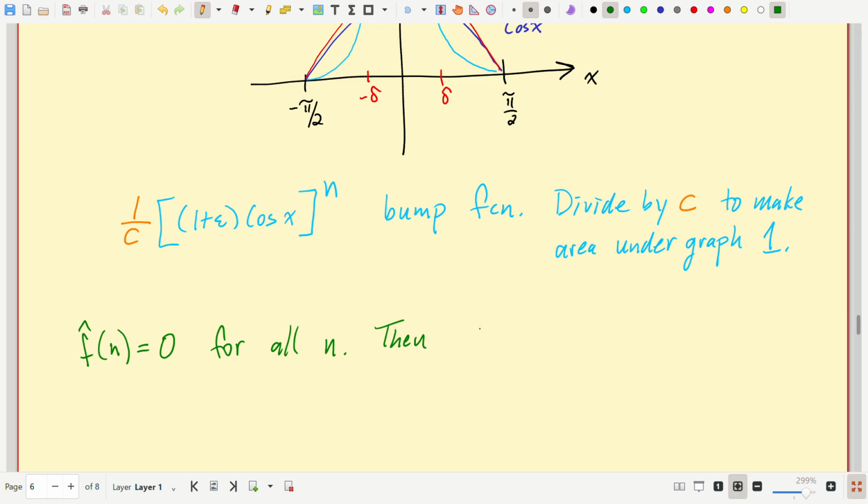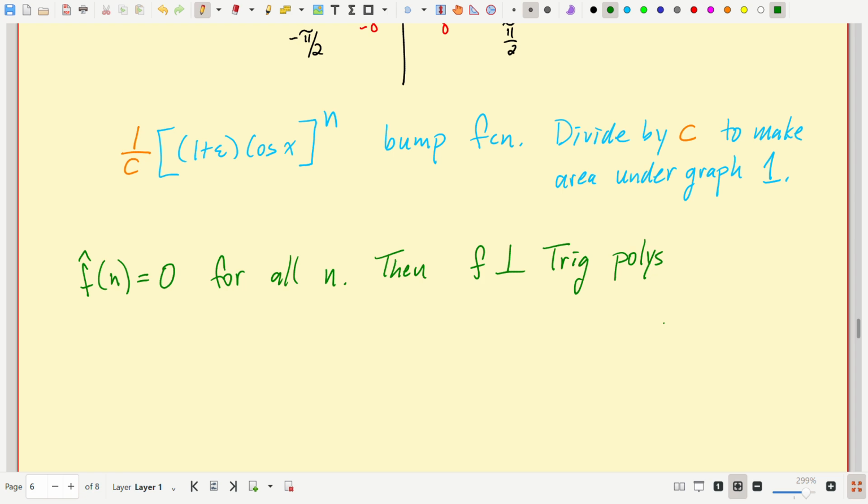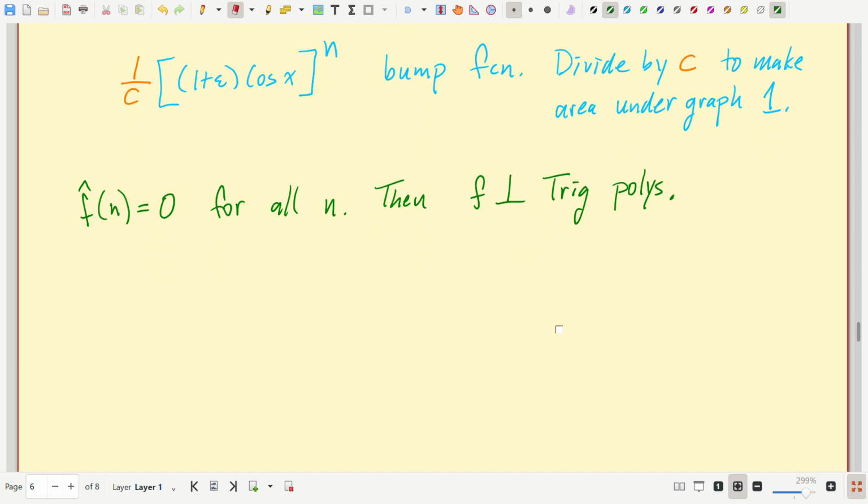Then that means that f is orthogonal to all trig polynomials, including that big bump.